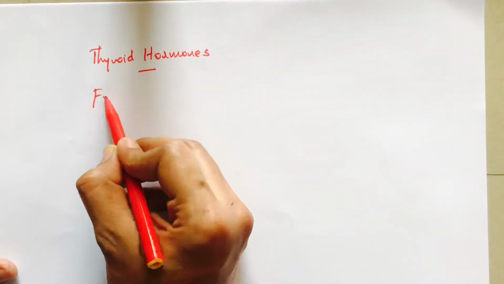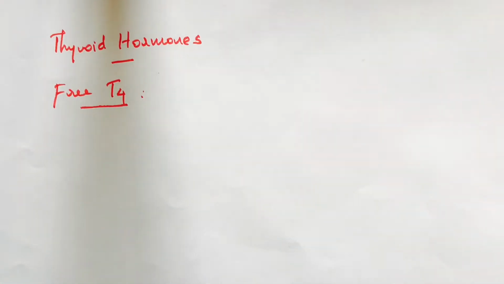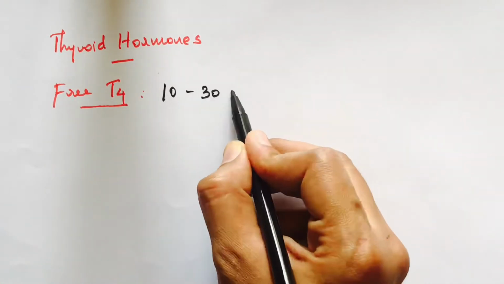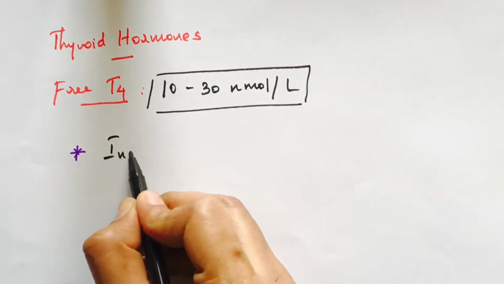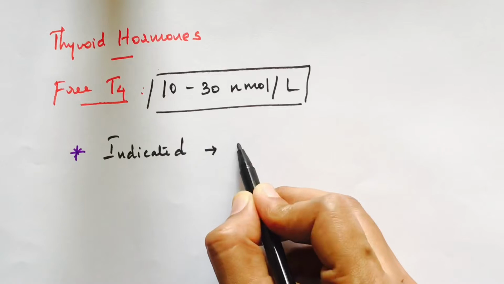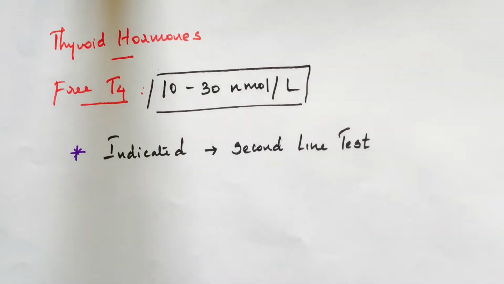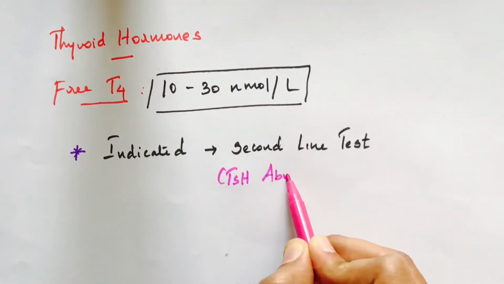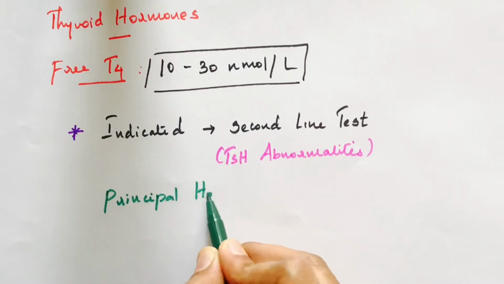Moving on to thyroid hormones, we have free T4 and free T3. The normal value of free T4 is 10 to 30 nanomoles per liter. This is indicated as a second line test when the TSH measurements are known to be unreliable. When there are TSH abnormalities, we rely on free T4.